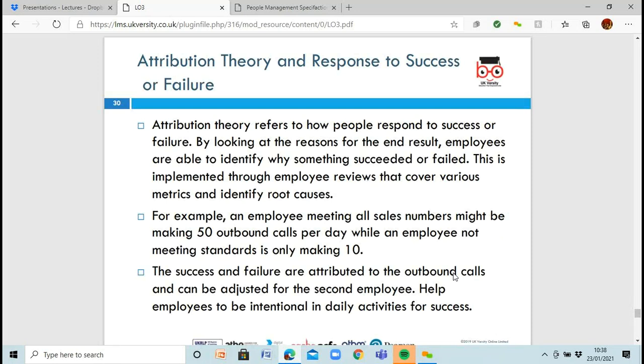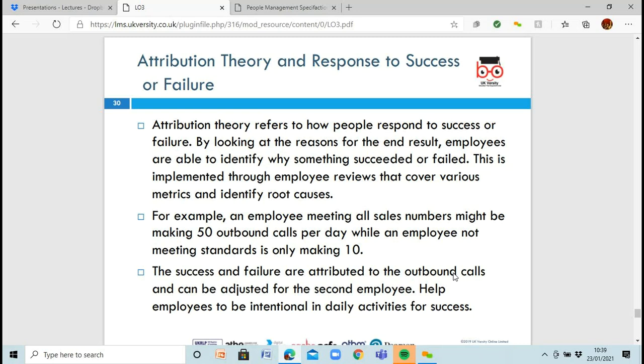And then finally, we have attribution theory and response to success or failure. So attribution theory actually refers to how people respond to their own successes or their failures. So when you look at the reasons behind the end results, employees actually are able to identify why they succeeded or failed at something.